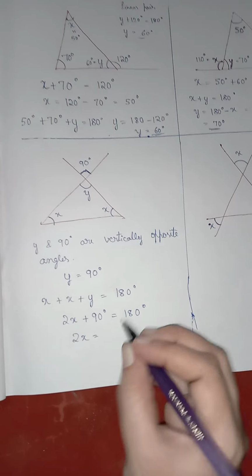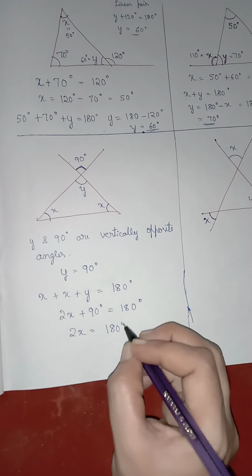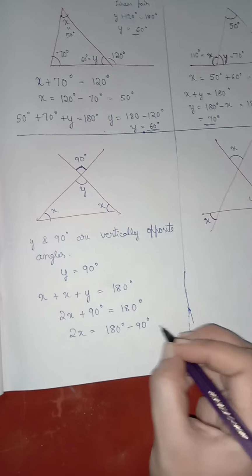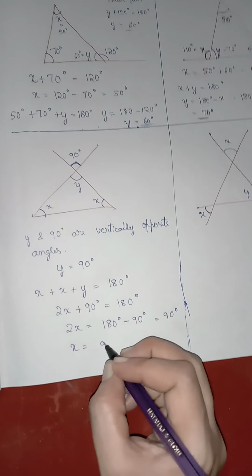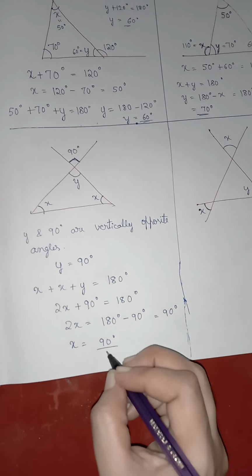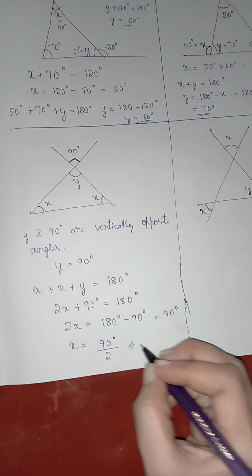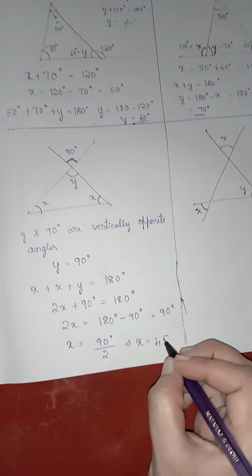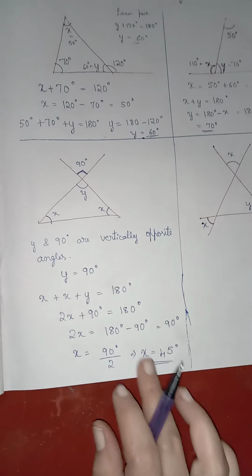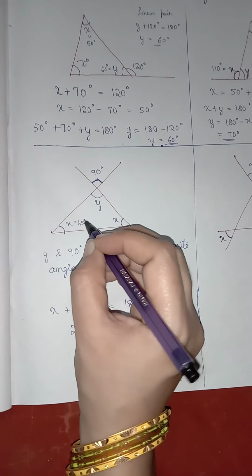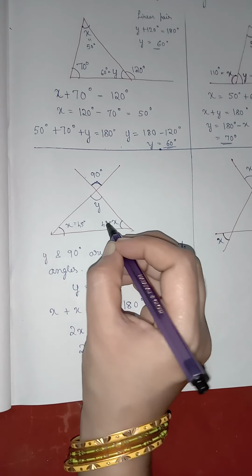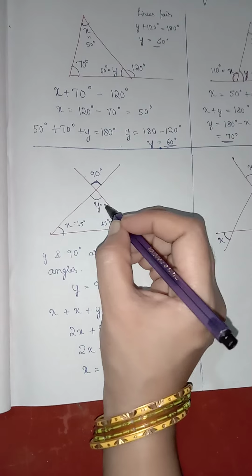So 2x is equal to 180 degree minus 90 degree, that is equal to 90 degree. So x will be equal to 90 degree divided by 2. That implies x equals 45 degree. So x is equal to 45 degree and y equals 90 degree.